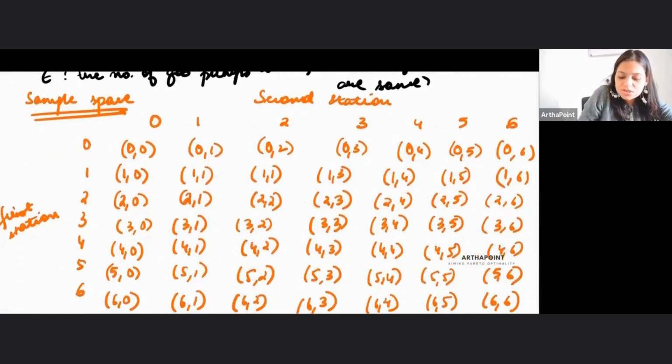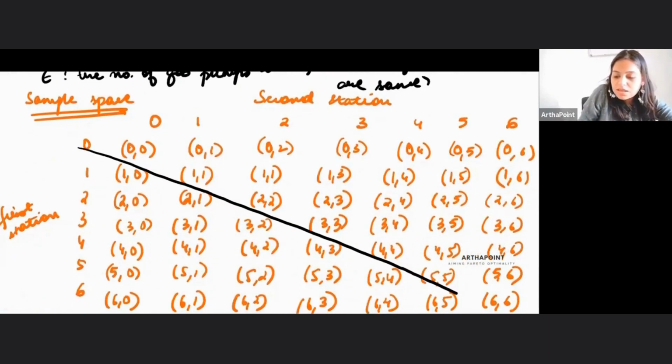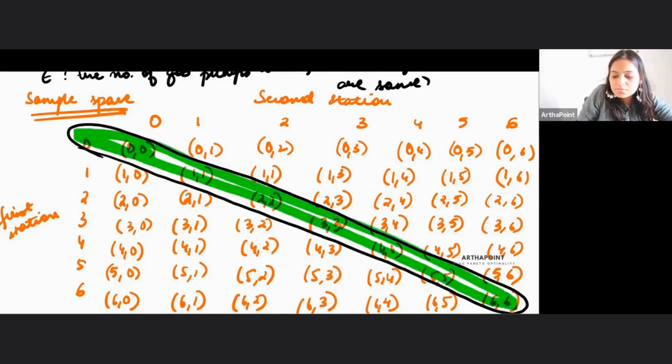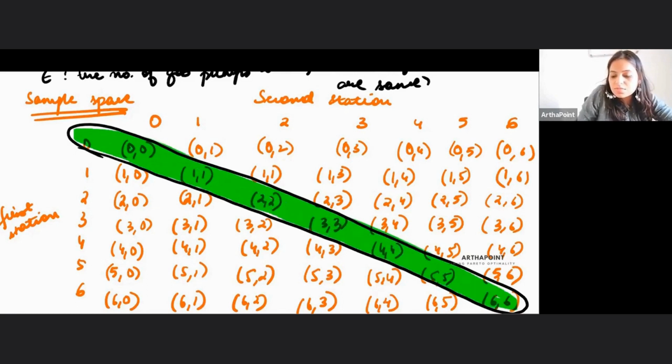So these scenarios, this diagonal. Here, the number of working gas pumps are the same, right? So basically, all this becomes my sample space, and this becomes my event from my sample space.